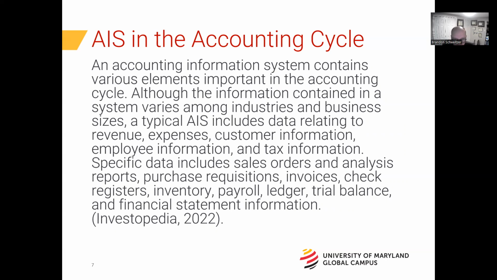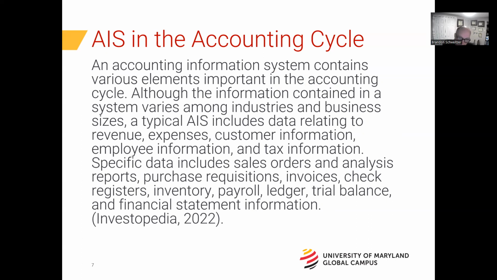But the information will include revenue, expenses, customer information, employee information, tax information, etc. And we take all of that data from the transactions, we put it into the accounting information system, and it helps us to, of course, generate the financial statements.